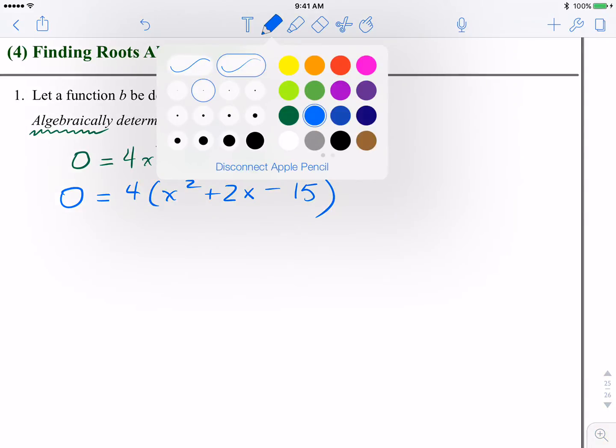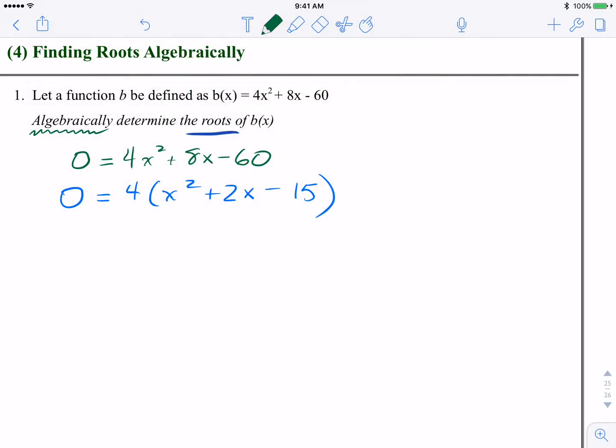It was pretty easy to recognize 4 and 8, obviously, and also 60. Just do a quick division on your calculator: 60 divided by 4 is 15. So 4 is a factor of all of them. If I pull it out, I get a much easier trinomial to work with.